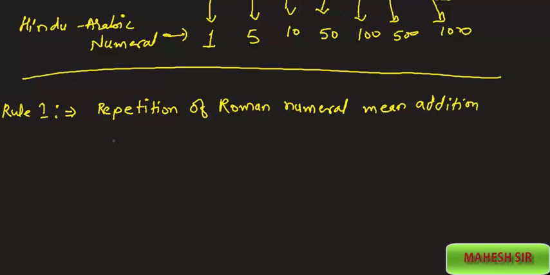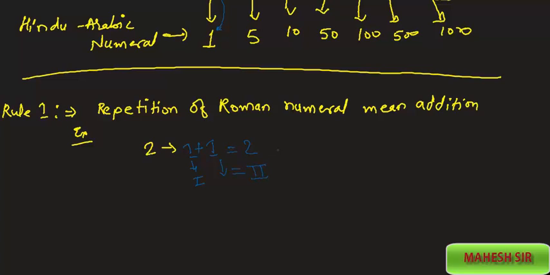Example, if I need to write number 2, how can we write number 2? Look here. This I stands for number 1. So here is 2. We can write 1 plus 1, 2. So this one is I and this one is I. So we can write II for 2.